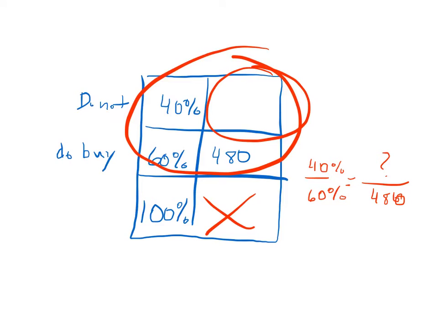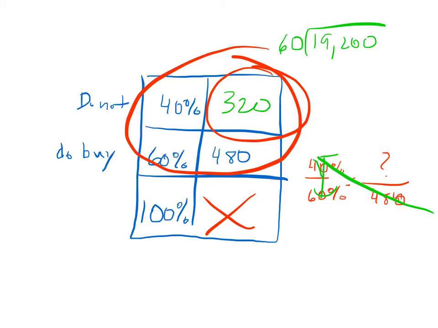So again, I'm going to cross multiply and then divide. So I'll do 480 times 40, which would be 19,200, divided by 60. If we punch that in our calculators, we come up with 320. So 320 students do not buy.